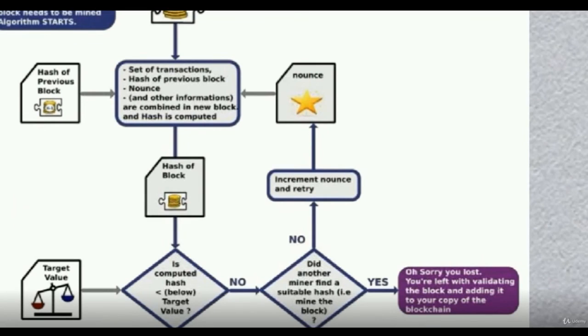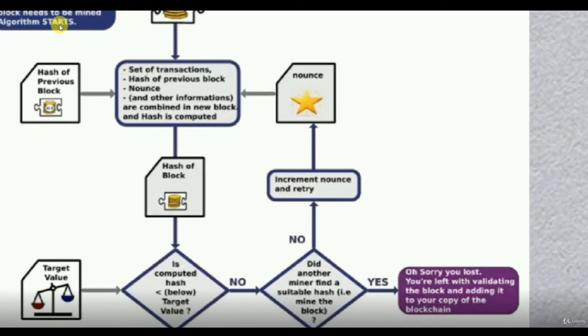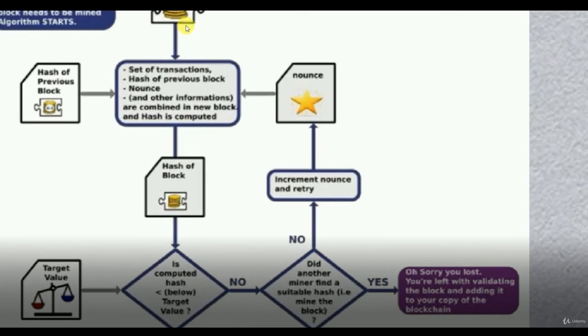So how is the block actually created? This is the flow. Whenever a block needs to be created, the algorithm will start from here. So we need a block that needs to be created. Then we will calculate the hash of the set of transactions.